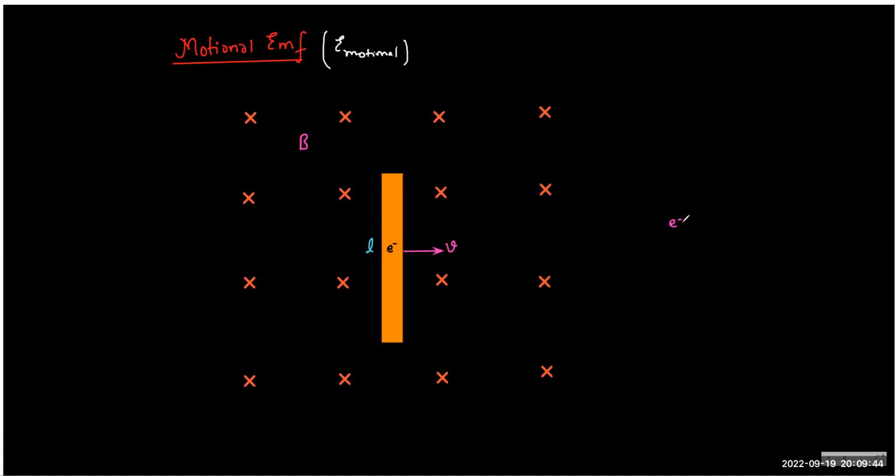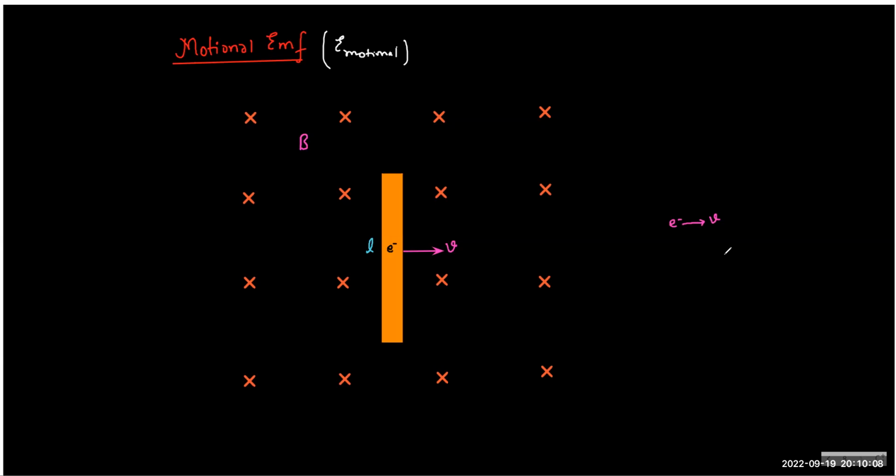So I can say the velocity of the electron is also right. Am I right? Understood? Yes, sir. So the electron is moving towards the right in a uniform magnetic field.